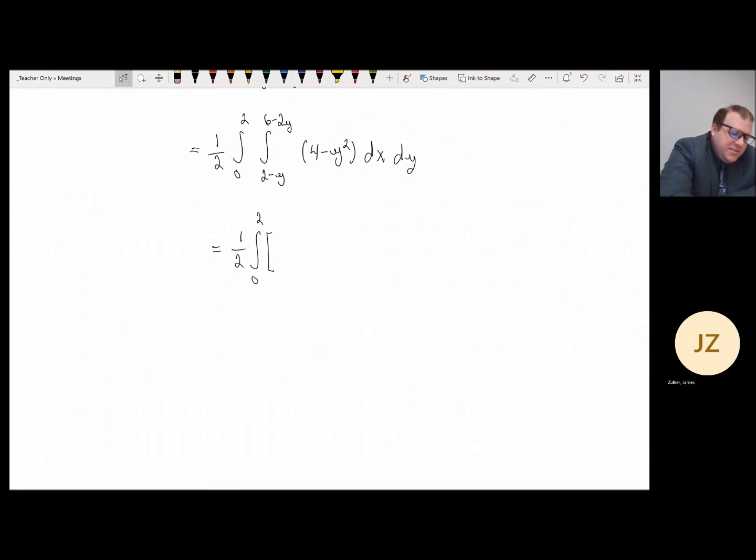That 4 minus y squared is a constant. So it's 4 minus y squared times that length, which we just said was 4 minus y.